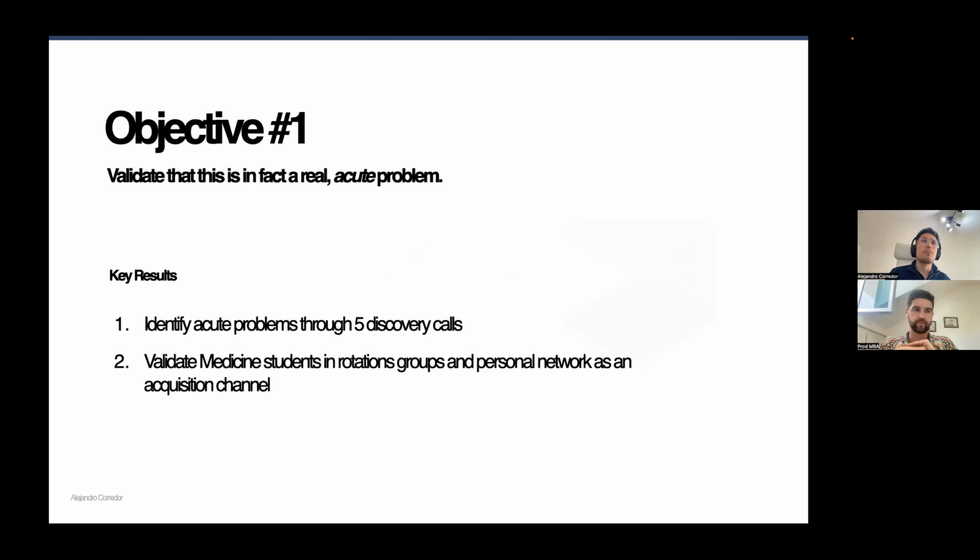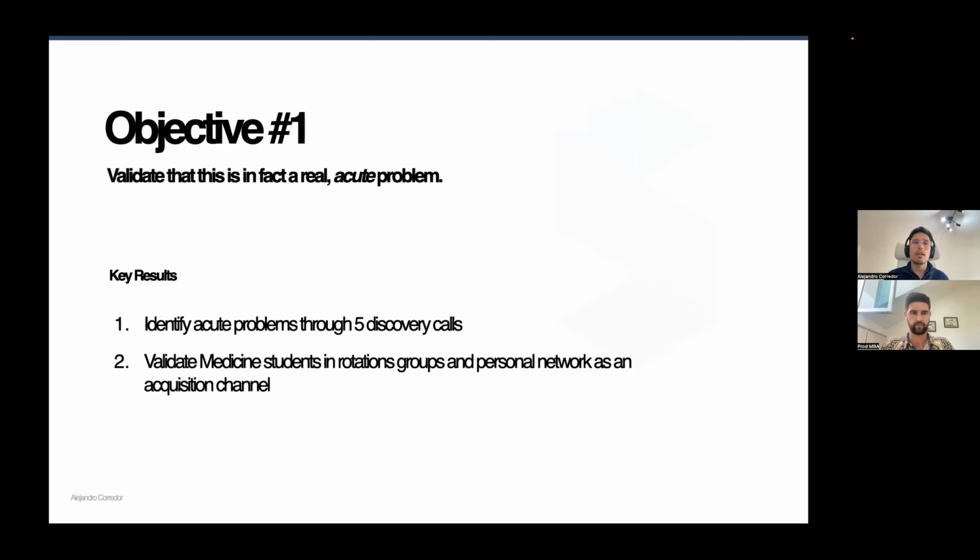As we mentioned before, objective number 1 was to validate if in fact this is a real, acute problem. What were the key results that we wanted in this objective? The first one is to identify how acute this problem is, and if there are other problems that are unknown to us, without being biased on the documentation per se, through 5 discovery calls.